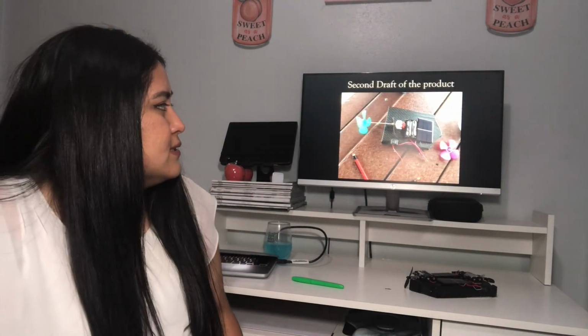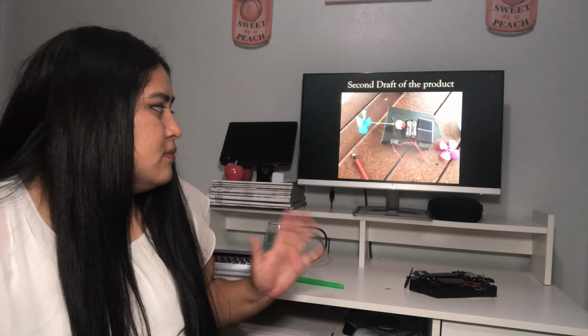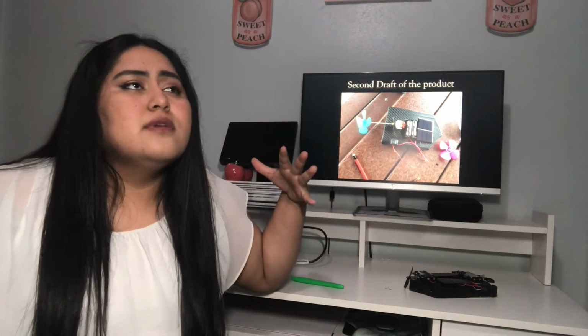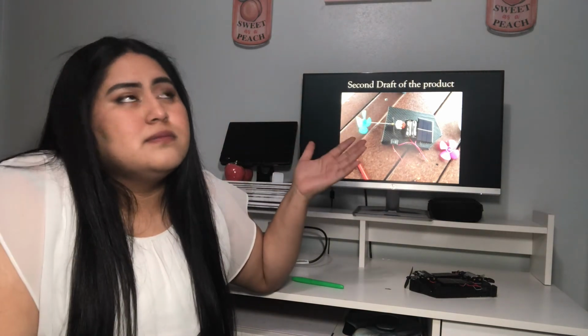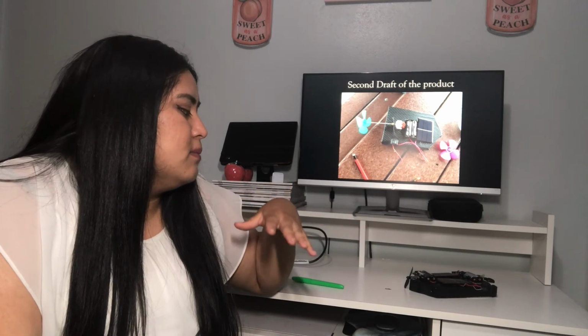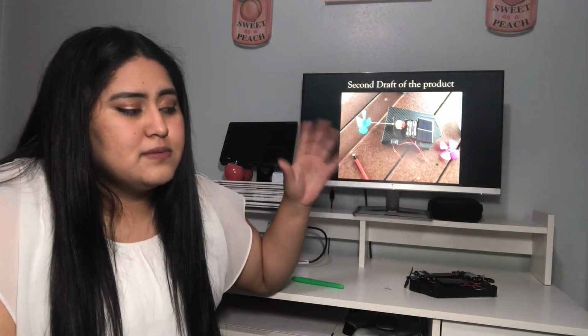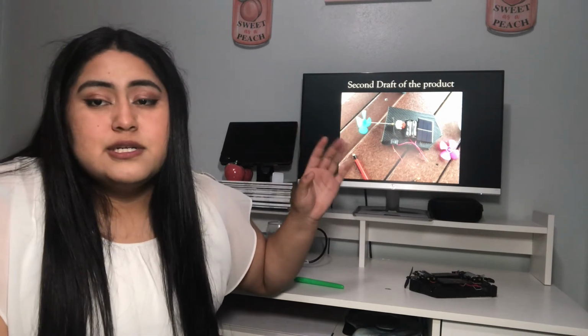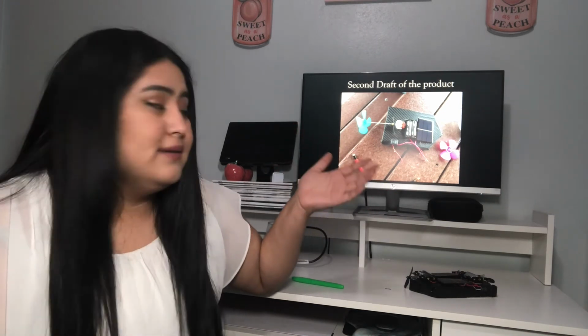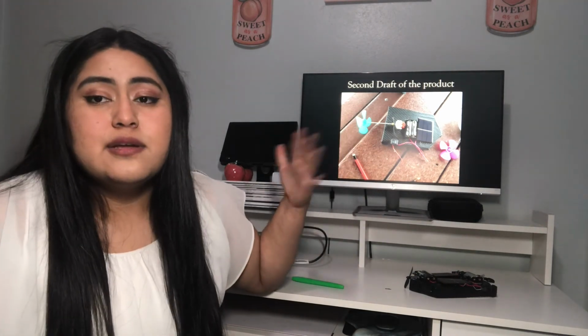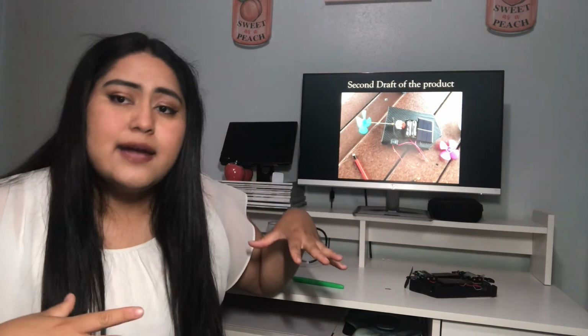Now, here is the second day draft. By this point, we had wrapped our boat. We did come to a problem because the boat is made out of styrofoam. There were times where the edges would deteriorate, and so we wrapped it so it could keep its shape intact.